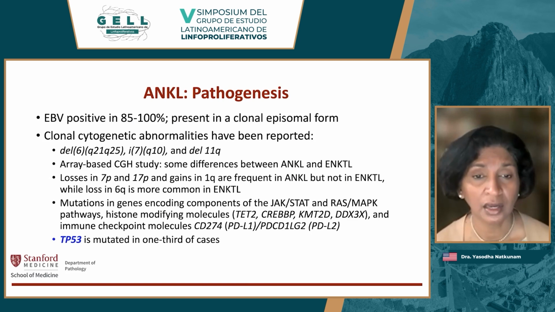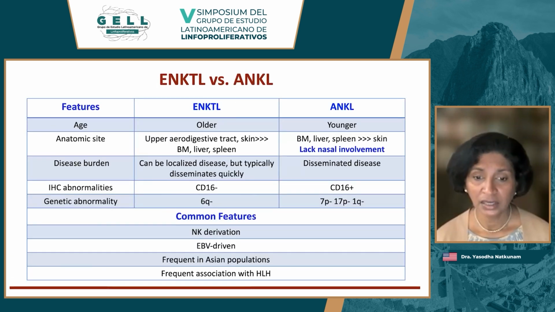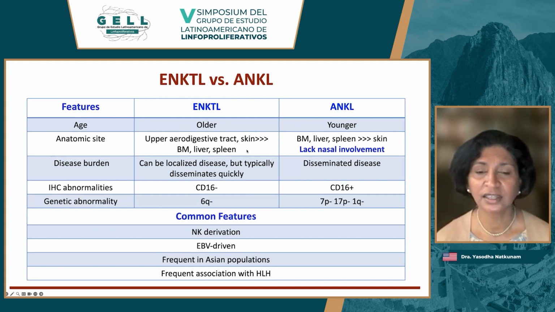And here is a comparison table. Usually extranodal NK T-cell lymphomas are in older adults, in the aerodigestive tract. Many sites can be involved in later stages of disease, but not in earlier stages.